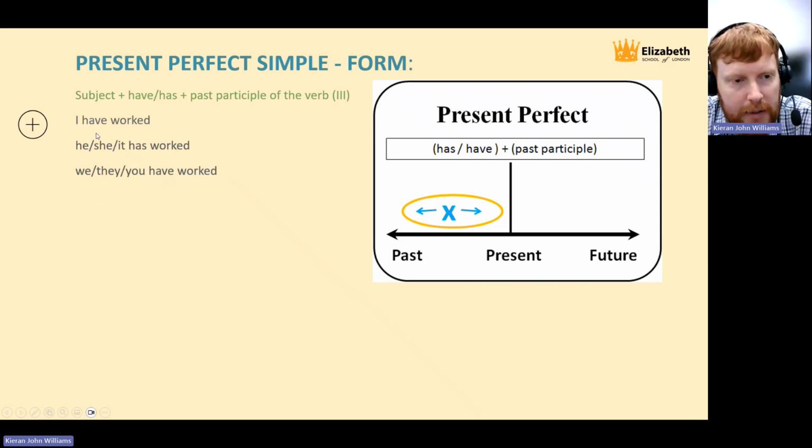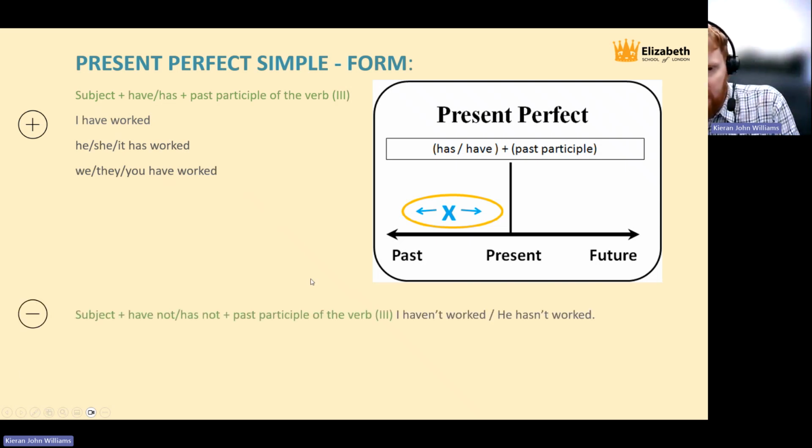Okay, so the examples on the screen tell us here: I have worked, he, she, it has worked, and we, they, you have worked. Okay, if you use another verb, it doesn't matter, it still follows the same form. So I have played, he, she, it has played, we, they, you have played.